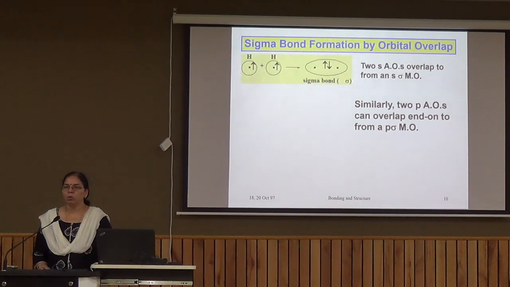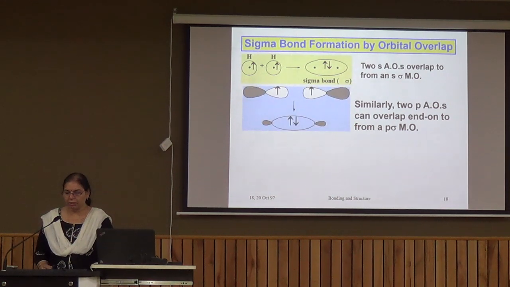And when two atomic orbitals having the same energy and same symmetry combine together, they will form two molecular orbitals. Among them, one has lower energy than the atomic orbitals, and it is known as the bonding molecular orbital, while the combination forming the molecular orbital of higher energy is called the anti-bonding molecular orbital.